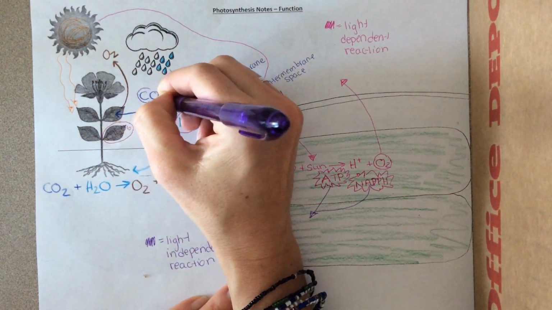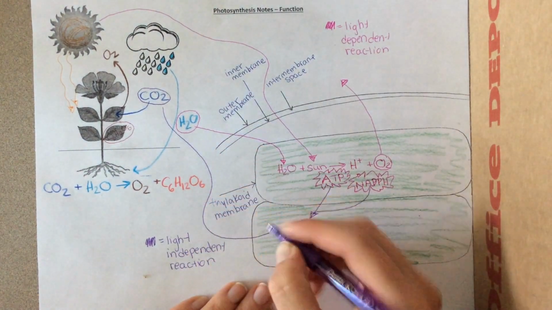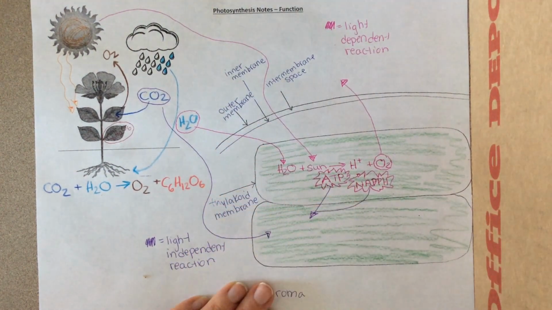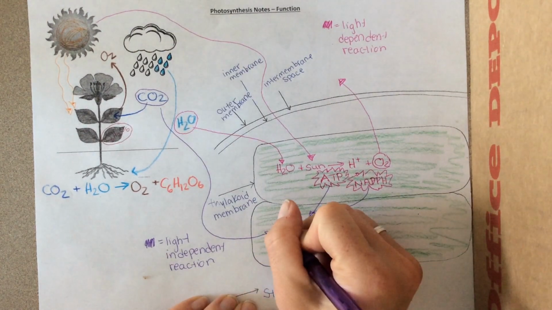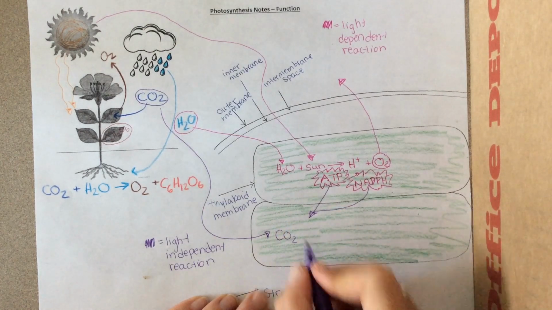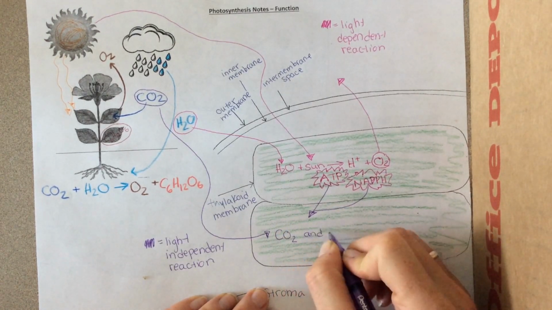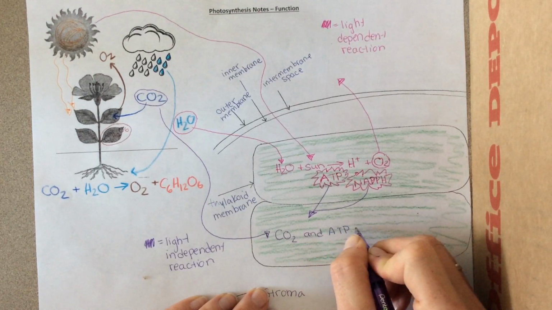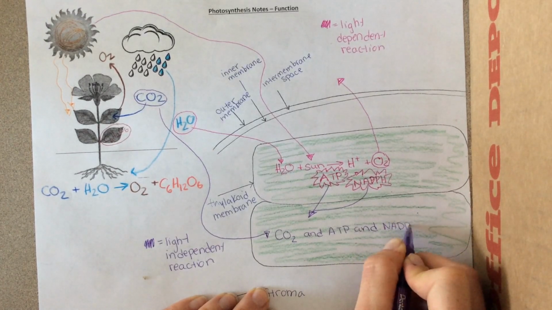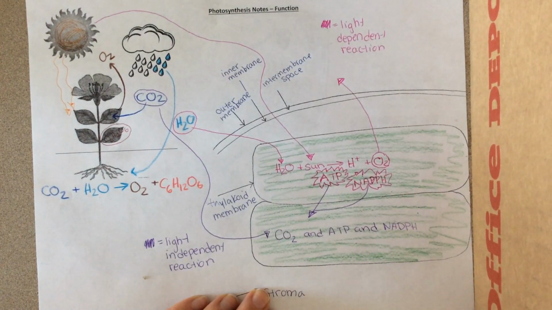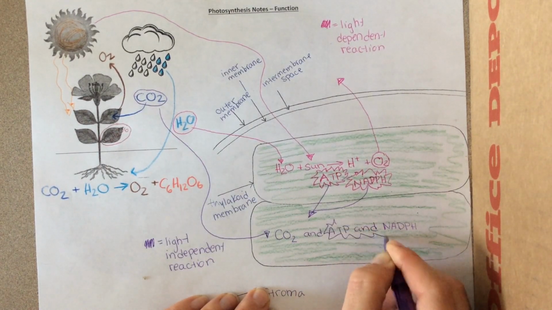Carbon dioxide is brought into the chloroplast, so CO2, and ATP and NADPH.